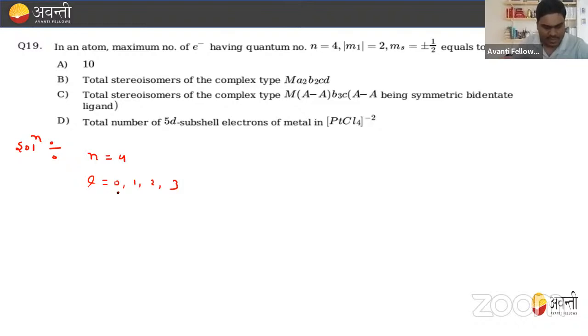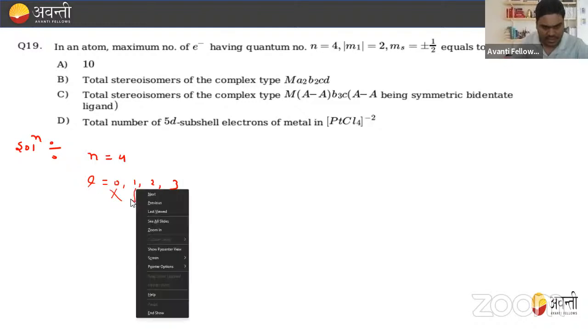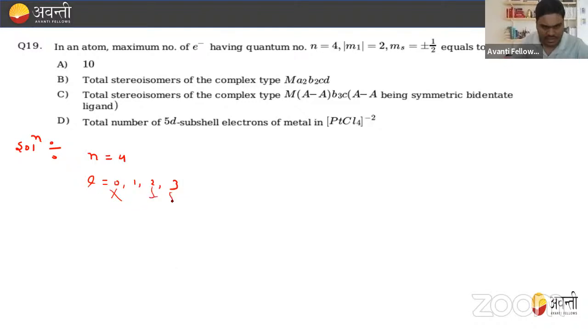So the d orbital having 4 electrons, the f orbital having 4 electrons, the total 8 electrons are present. Out of these, you have to identify now. We know that this is not s, because s has only one orbital, and here we need 2 orbitals. This is p, this and this. So this one is incorrect, because they do not have 10 electrons.